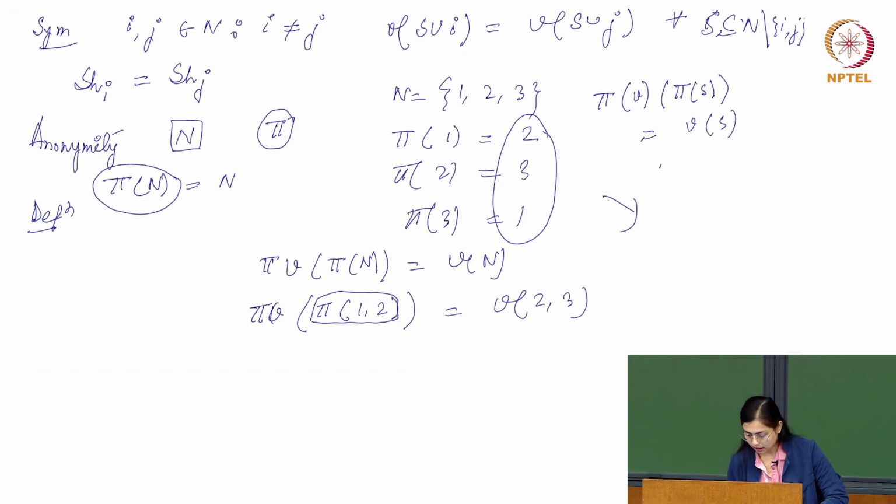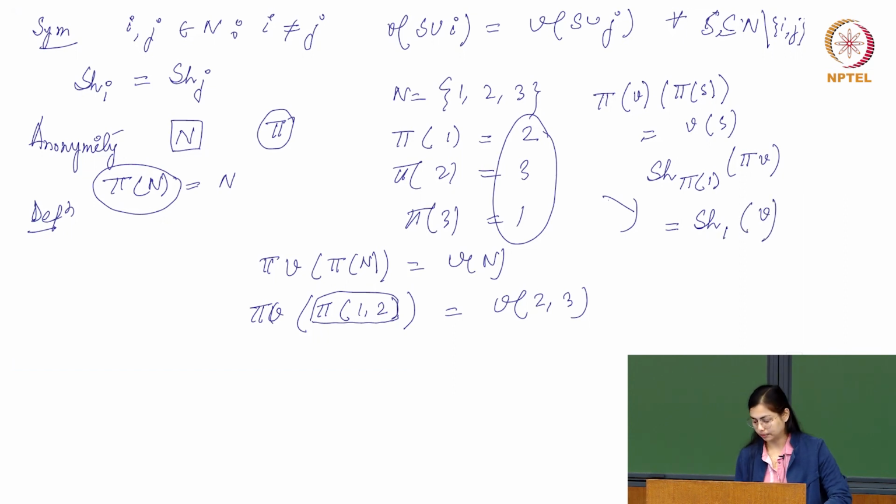In this case, the Shapley allocation for pi 1 in this game is equal to the Shapley value, right? This is actually 2. So we consider the permutation where pi of 1 is 2, and we define the game this way. So now we have a Shapley allocation.